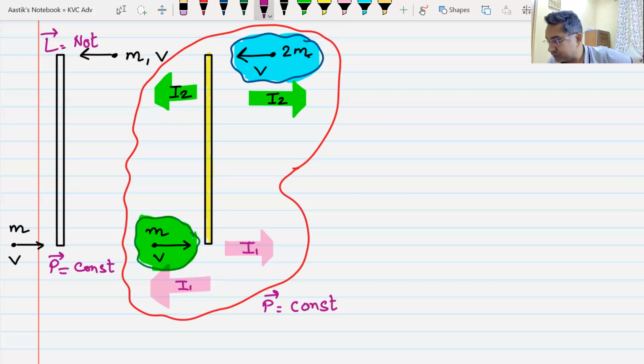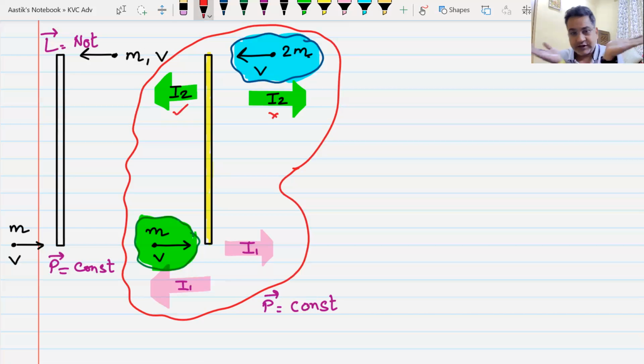Yes, sir. Now, again, if you take all the three as one, do you see any net external force? Whatever torque this will create, this will cancel that torque.